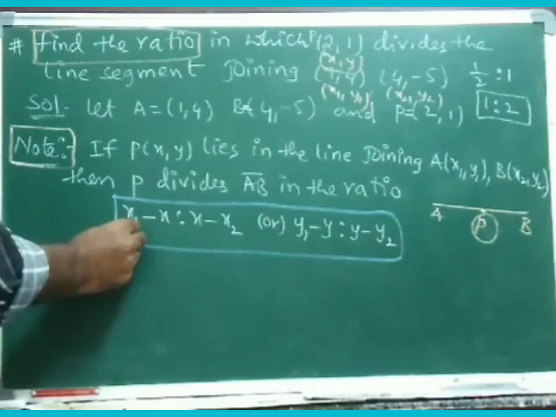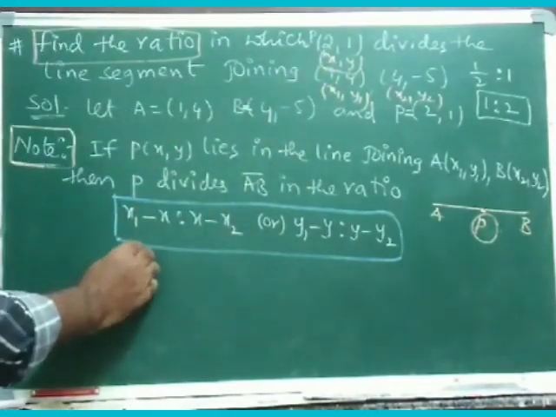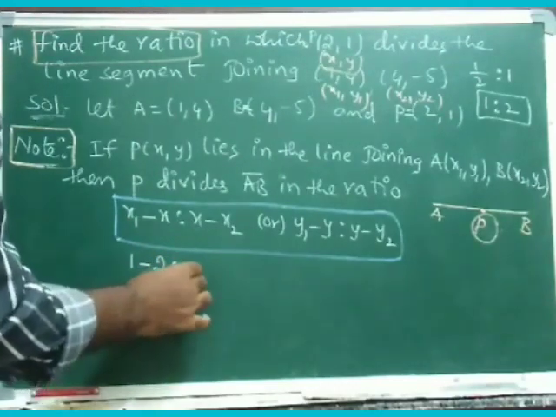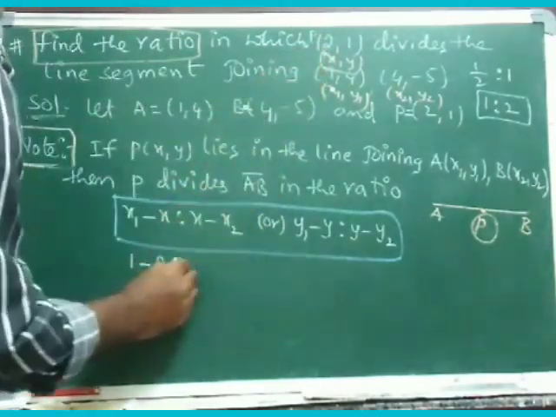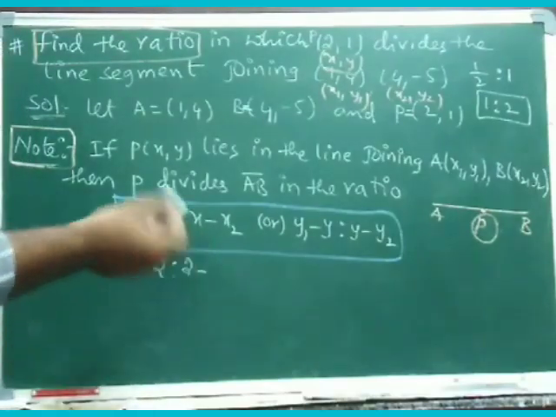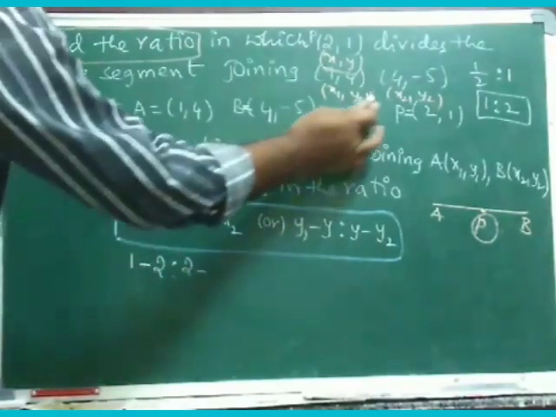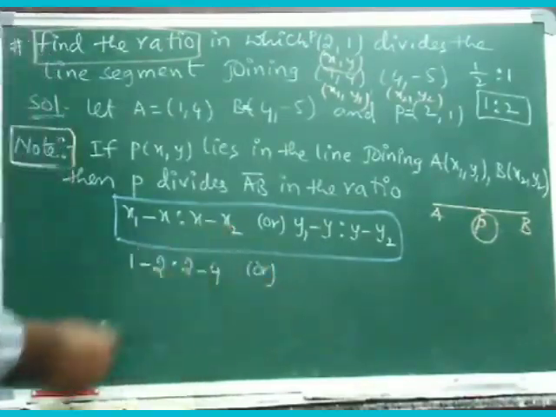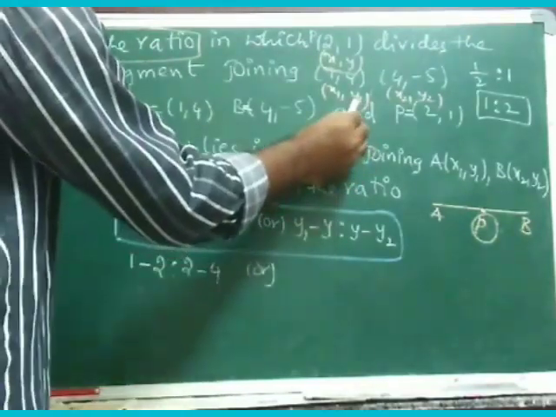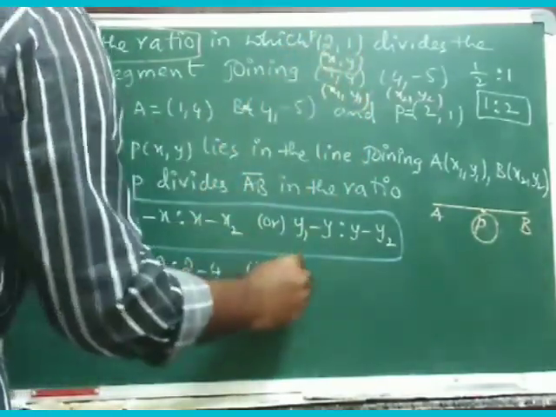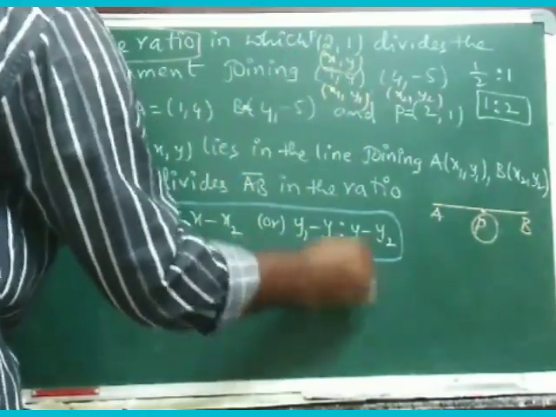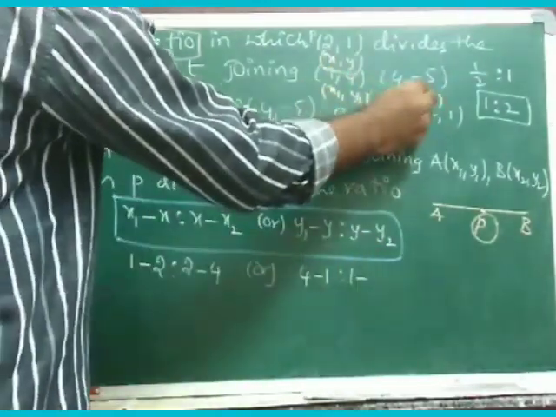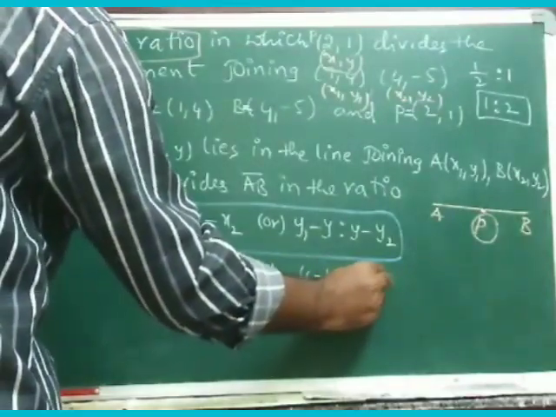Let me see what the x1 value is. x1 is 1, minus x is 2, is to x minus x2, what is the x2 value? It is 4. If not, y1 minus y: y1 is 4 and this is 1, I mean 4 - 1 is 2, is to y minus y2, that is 1 minus of minus 5, minus of minus will be plus 5.